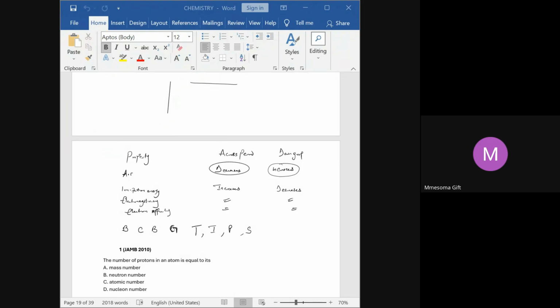Sir, is it that we'll solve it in our notes, then snap it and send it to the group?